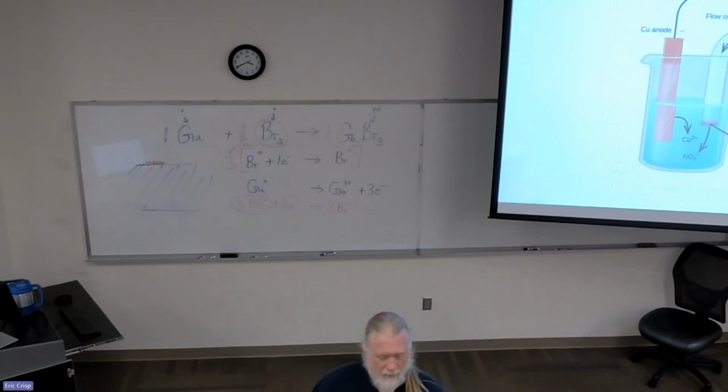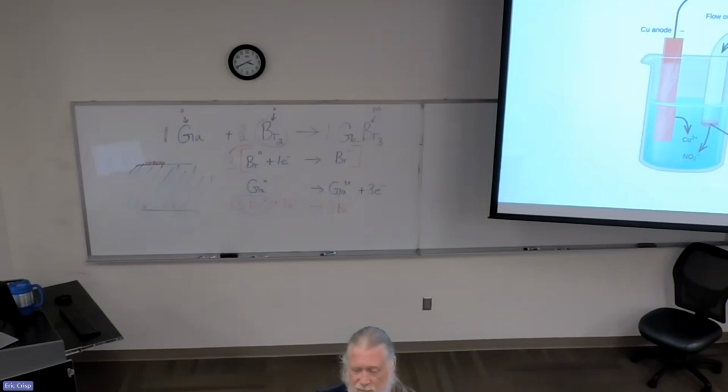Okay, so this idea that, now we did that all in a single test tube. We shoved that copper wire down in the silver solution and let electrons flow from the copper to the silver, right? What if we took those two half reactions and separated them into two different test tubes or beakers?